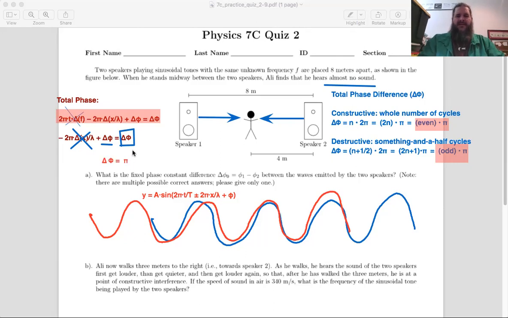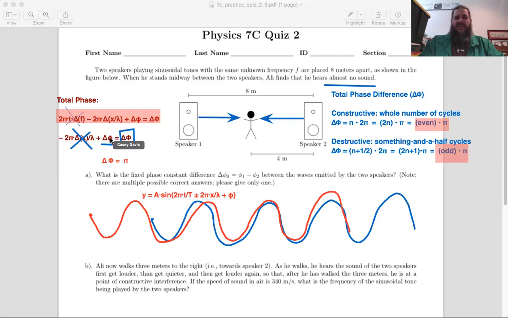So if the only information you have is that this location leads to destructive interference, the simplest way to deal with that would be to set delta total phase equal to 1 pi. And that means delta little phi has to be pi because everything else is 0. There's no difference in frequency. There's no difference in path length. So the only thing contributing to the total phase here is the difference in little phi, the phase constant.